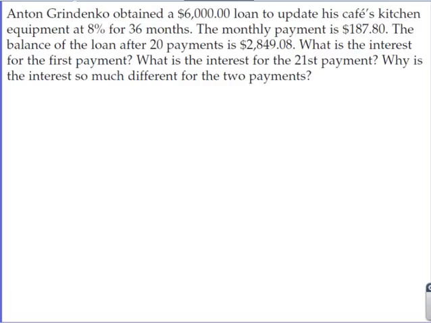All right. Well, first off, let's find my R value. Again, it's 8% divided by 12, 0.00667. Okay? No big change there. Now, the original loan was $6,000. So let's do the first payment first.